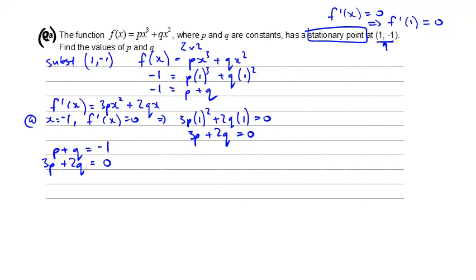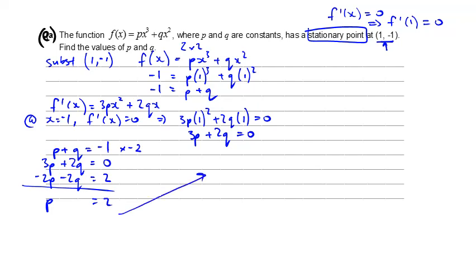Simple simultaneous equation. I times this by negative 2. I get negative 2p minus 2q equals 2. Add those together, I get p equals 2. Elimination method. P equals 2.